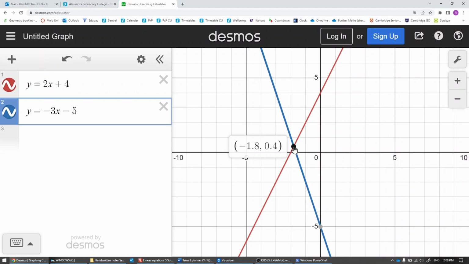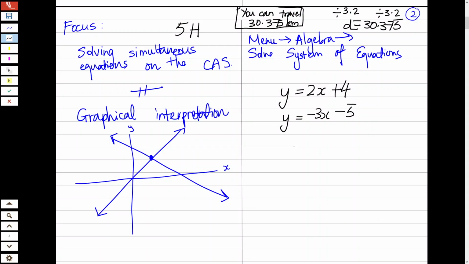So what's the solution to the system of simultaneous equations? No? Okay, let's go back to the question. I've given you these two simultaneous equations.